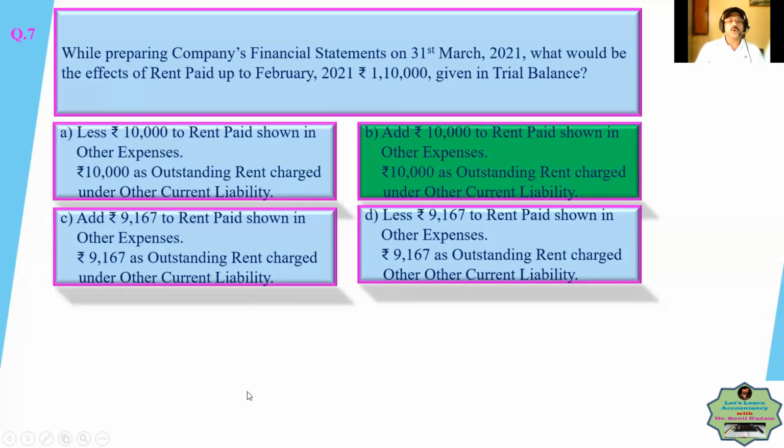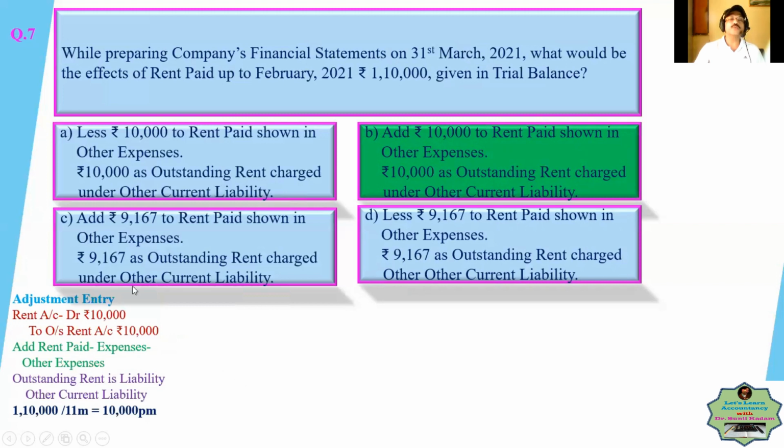Let's understand why it is correct. Whenever there is outstanding rent, we pass an adjustment entry: rent account debit 10,000 and outstanding rent account 10,000. One may ask how that 10,000 comes into the picture, sir. Because the total rent paid shown is 1,10,000. How do we understand it is for 12 months?